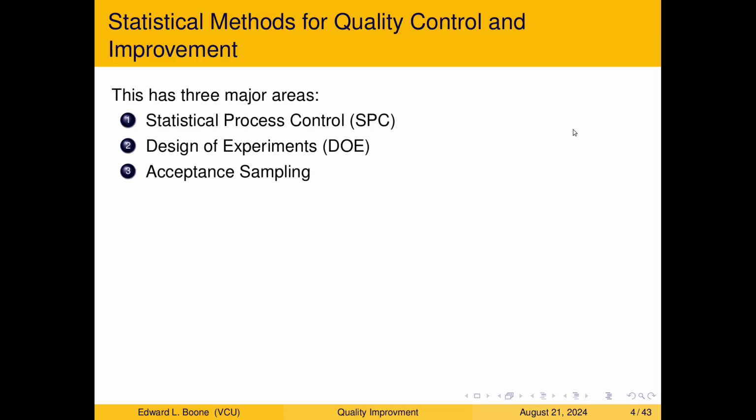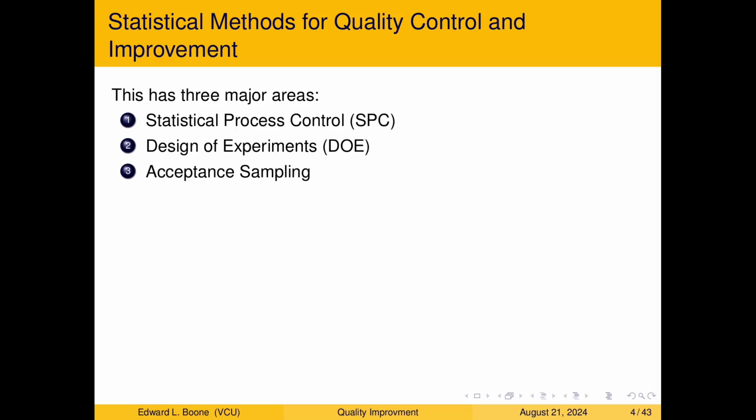All right. So we've been talking about this idea of quality control and improvement, and it has really three major areas. There's what's called statistical process control, or SPC, and in this we're going to be interested in monitoring a process that we have control over. Notice it has the word control in it.